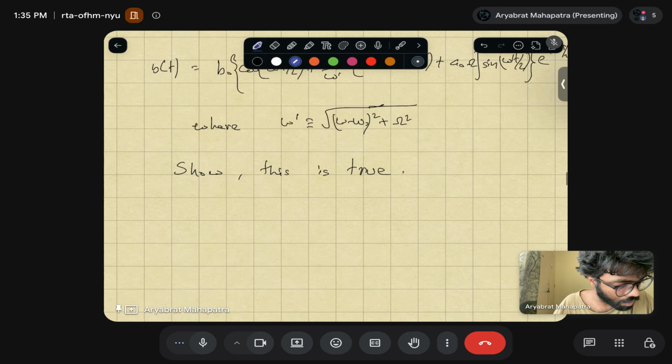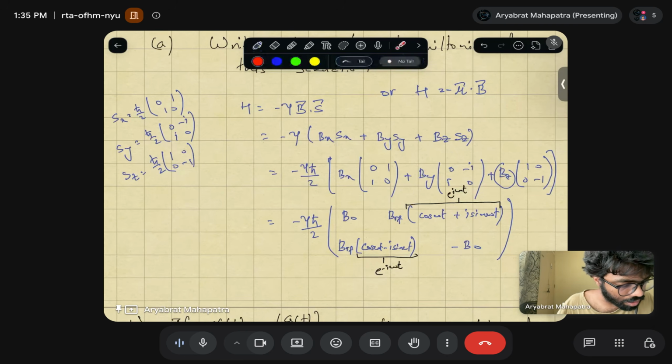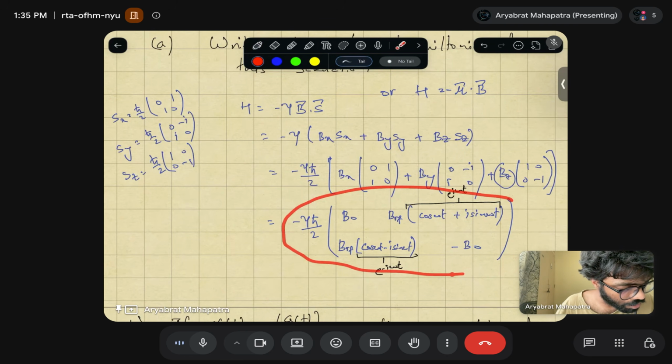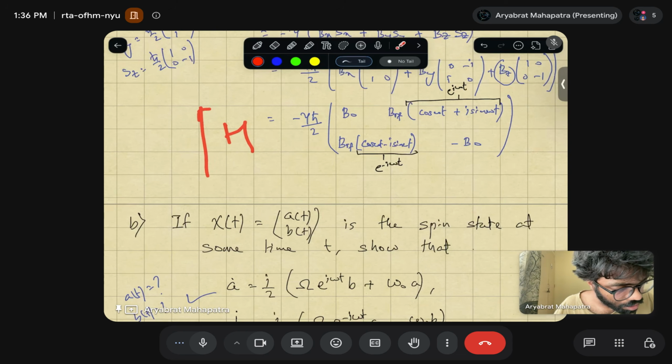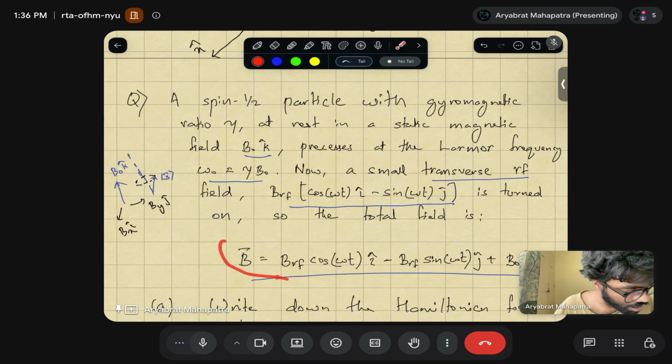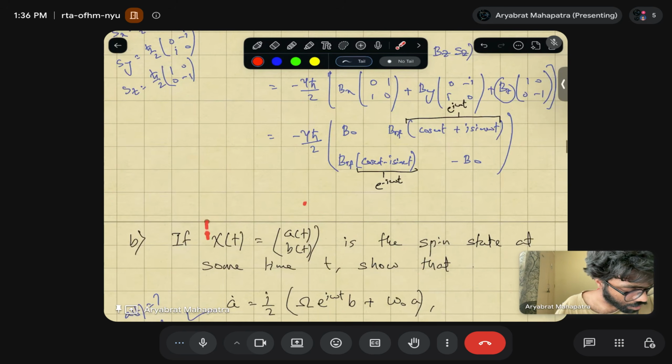So yeah, our system is this. This is the Hamiltonian, and under this Hamiltonian we can specify the state of the spin of a particle in this magnetic field by a quantum state.